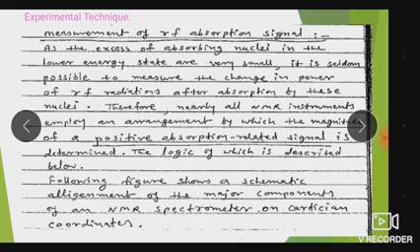As the excess of absorbing nuclei in the lower energy states is very small, it is seldom possible to measure the change in the power of RF radiation, radio frequency radiation, after absorption by these nuclei. Therefore, nearly all NMR instruments employ an arrangement by which the magnitude of the positive absorption related signals is determined. Only positive absorption signals are determined, and the logic of this is described.